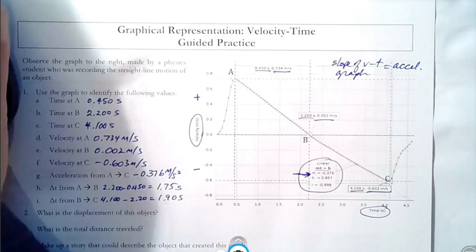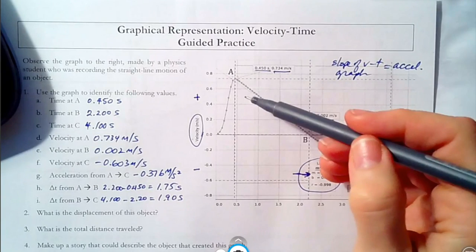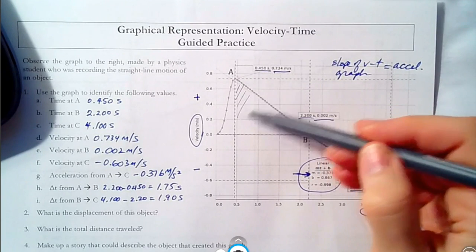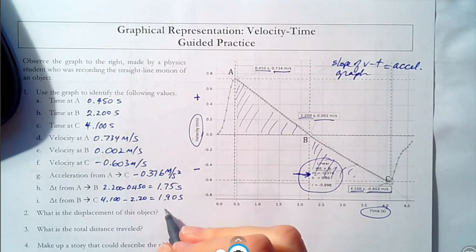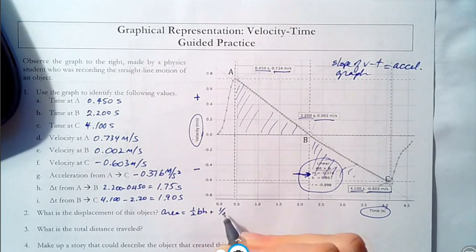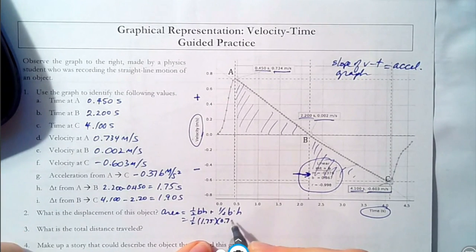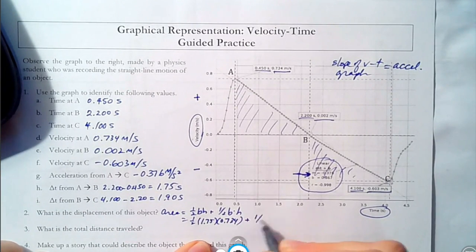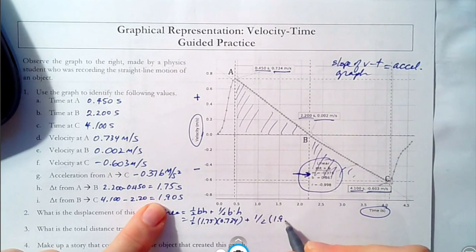Displacement is going to be the area under the curve. That's one way to do it. So you could take this area and calculate it. So the area is going to be the two triangles. So we could do this time frame, which is 1.75, times the height, which is 0.734. And then the second region's time, we figured out, is 1.9.